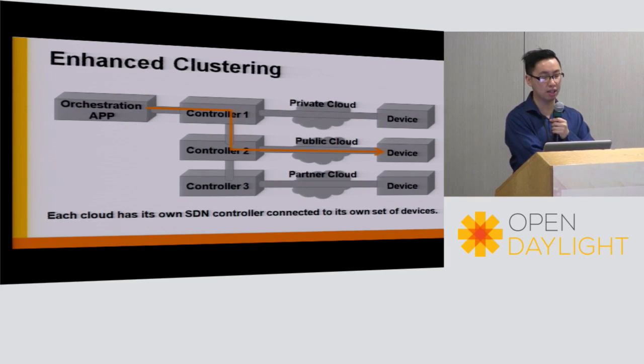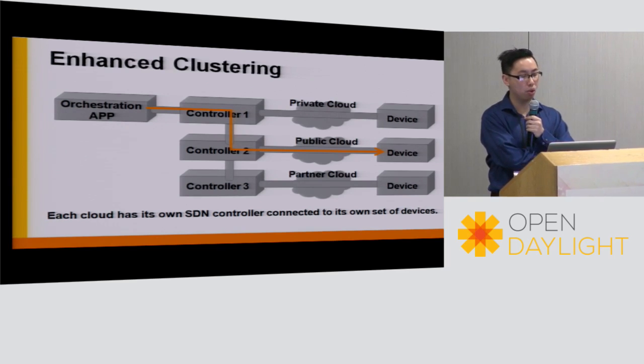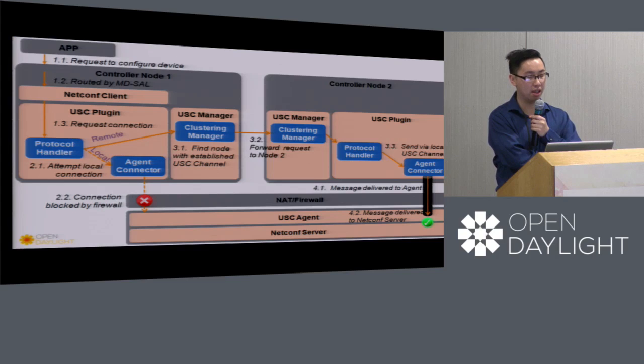So in this instance, what USC can do is, no matter where the message is sent by the orchestration app, USC will find if it's already connected to this controller, or if it needs to reroute to a remote. What it determines is, oh wait, I can't actually reach this device.